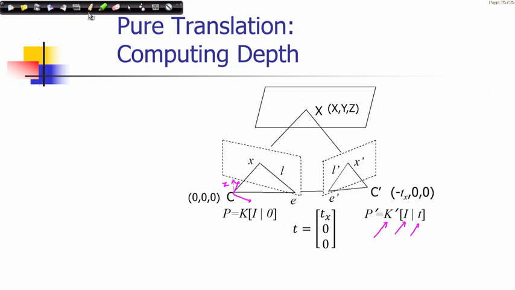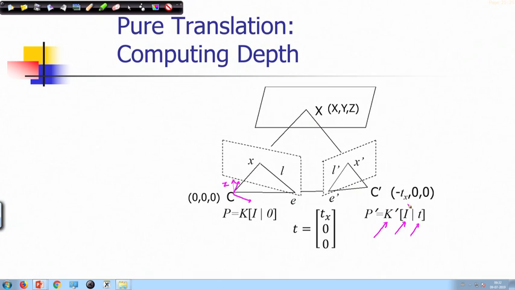As you can see, translation T in this form will give this particular form, because as we know, the camera center C prime, I am using tilde to denote that it is expressed in world coordinates, so T equals minus R C prime tilde, where R equals I, the rotation matrix.